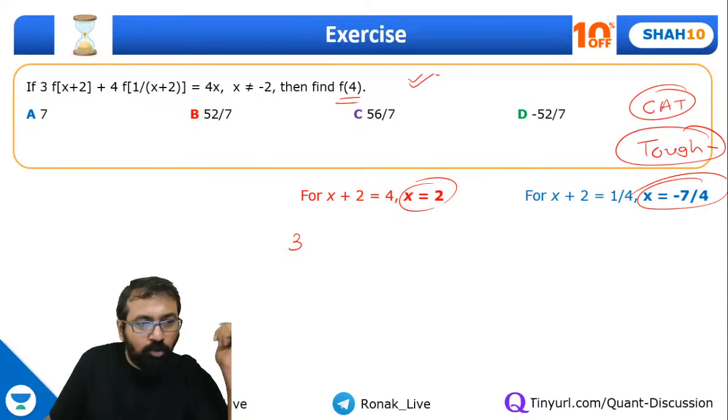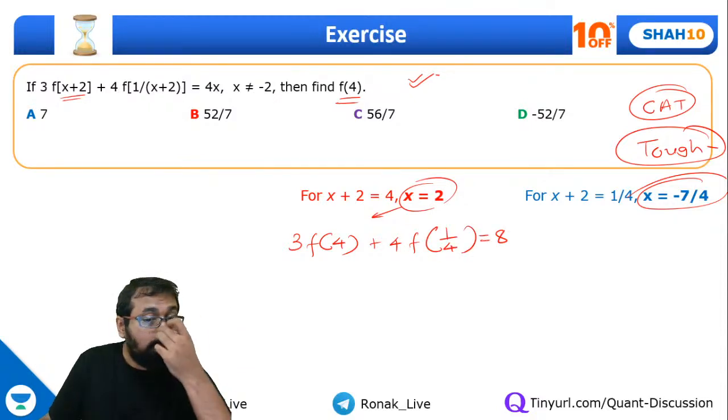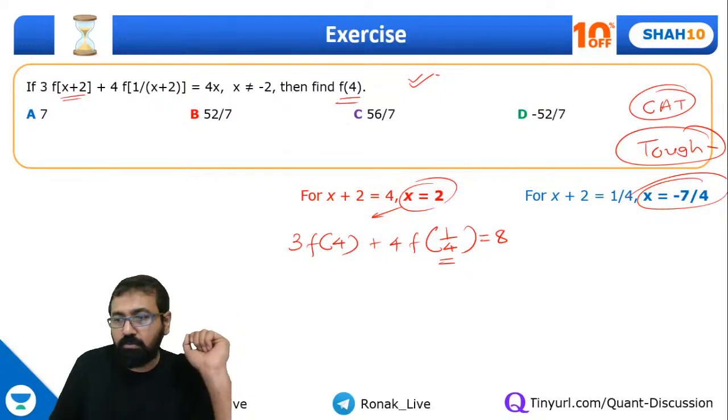Of course I'll get f of 4 over here, but then there will be a problem. I'm just putting x equal to 2 over here, plus 4 into f of 1 by 4, which is equal to 8. Now, how will I get this 1 by 4 value? That's my challenge.